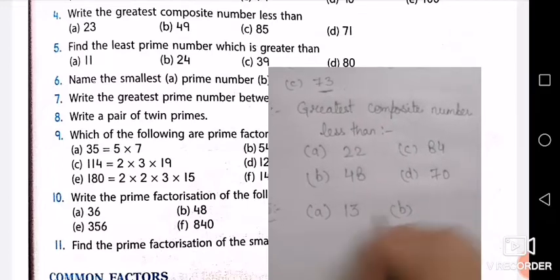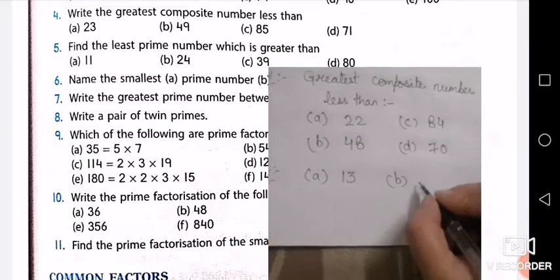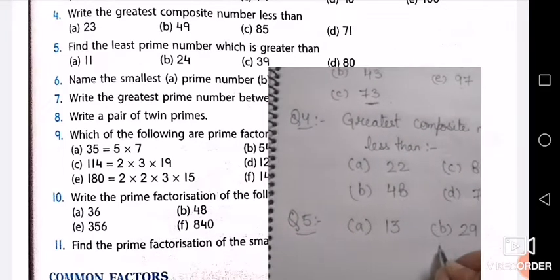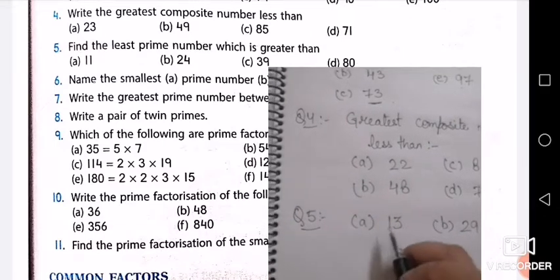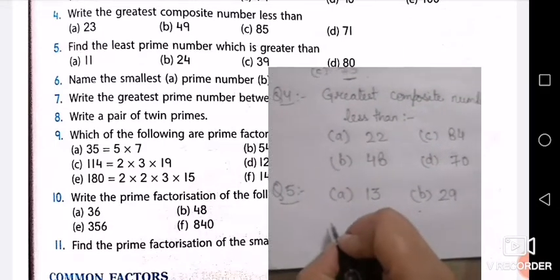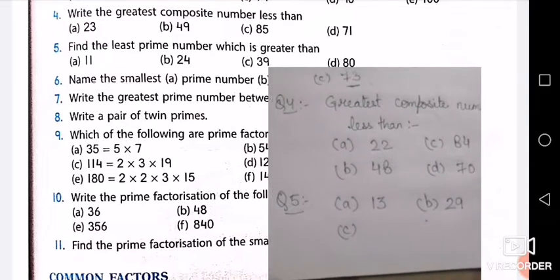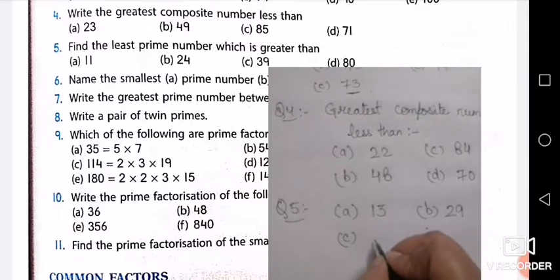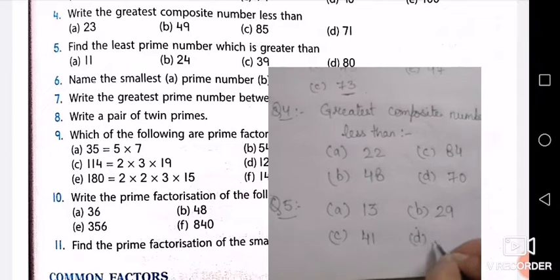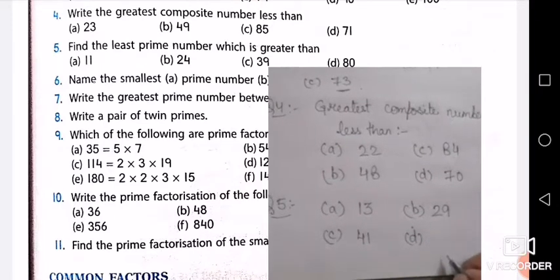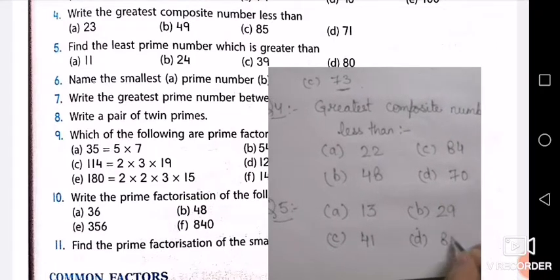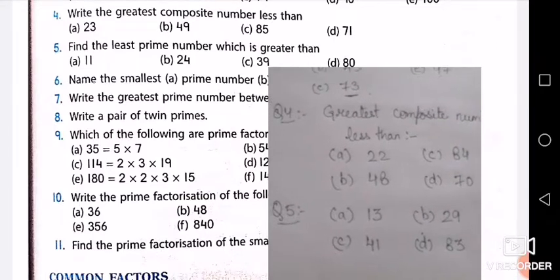No. 28? No. 29. You have to write the least prime number which is greater than the given number. Now after 39, 40 is not a prime number. 41. Now D part, 80. 81? No. 82? No. 83? Yes. 83 is a prime number.